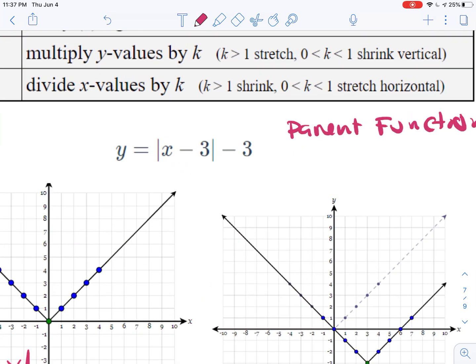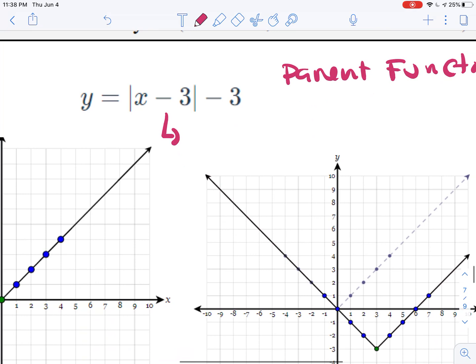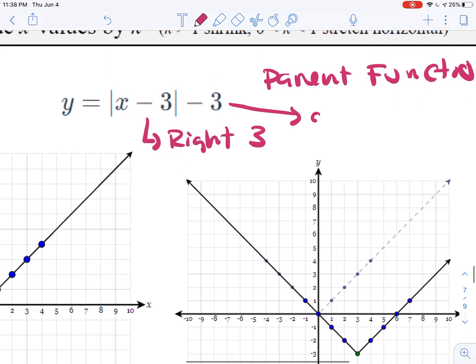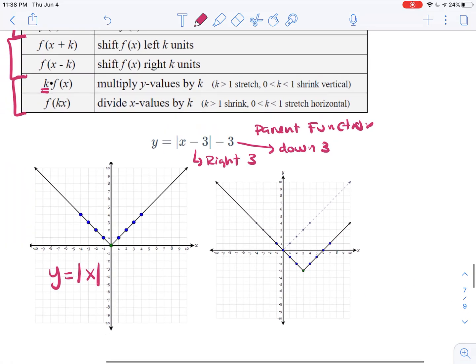So how do we shift or change this graph to represent those changes? Well, first we have to identify. If it is negative on the inside, that means we are going to our right 3 units. If it is negative on the outside, we are going down 3 units.